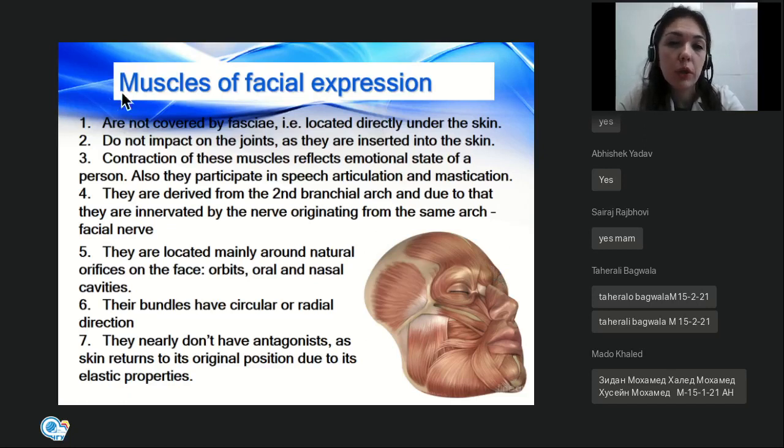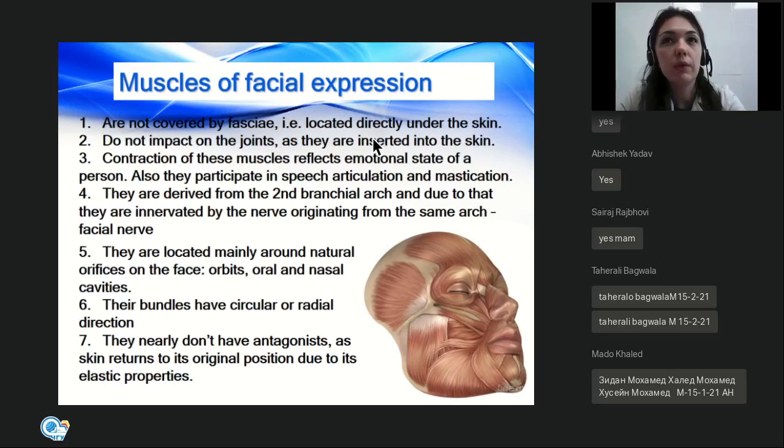Muscles of facial expression are not covered by fascia. So muscles of facial expression have several differences between themselves and skeletal muscles. And now we'll discuss them. At your practical classes, I think you have already discussed muscles of facial expression. First of all, muscles of facial expression are not covered by fascia, unlike skeletal muscles, as they are located directly under the skin.